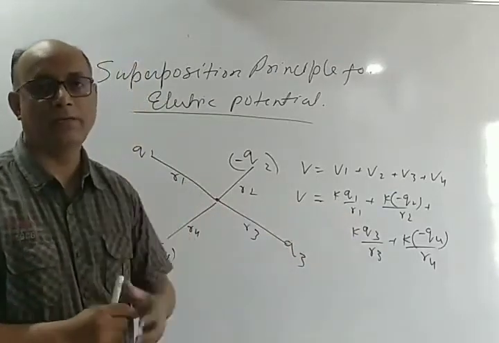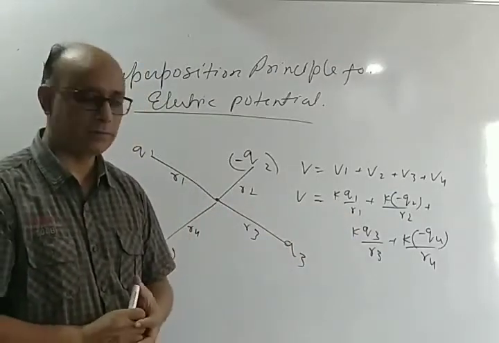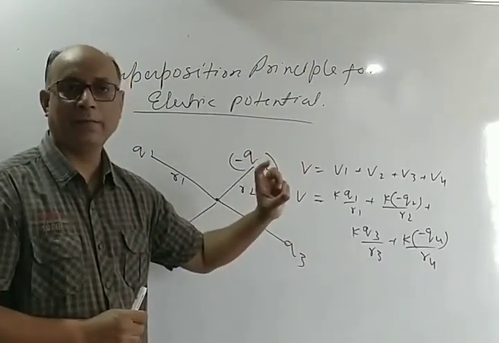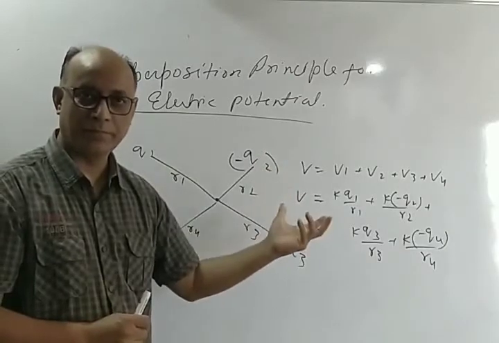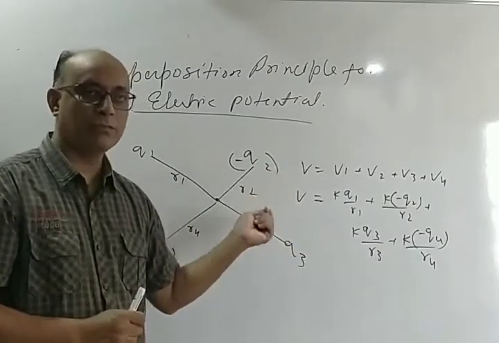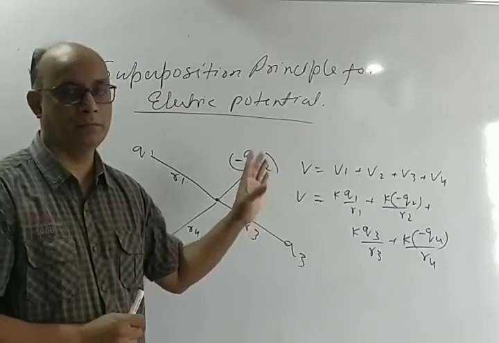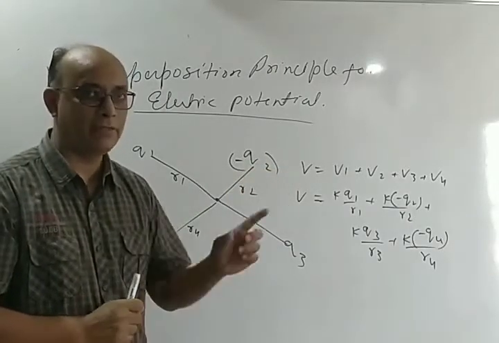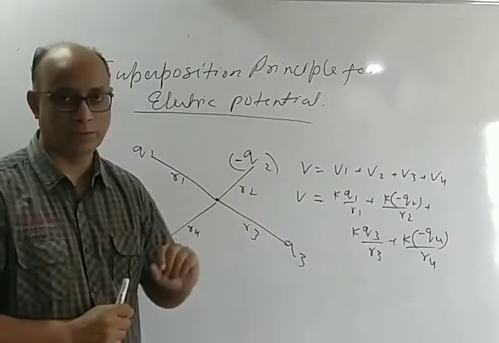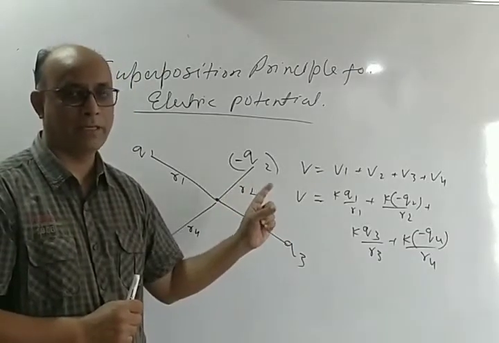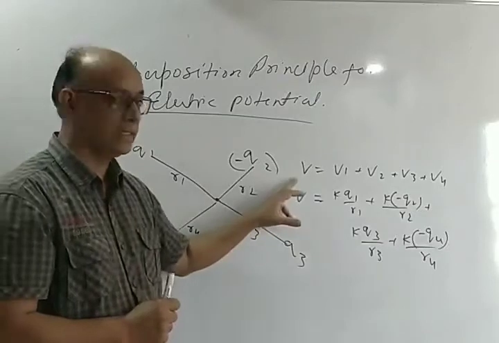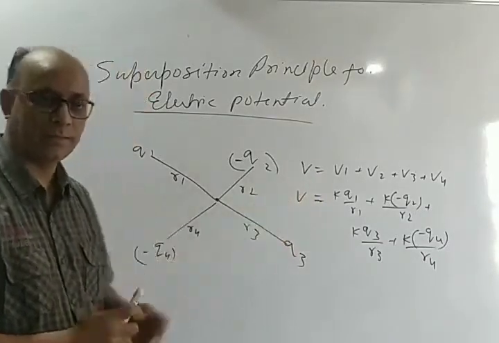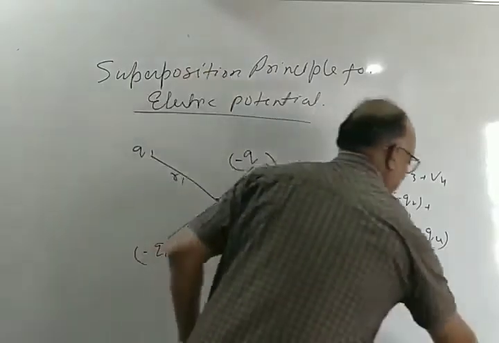In case of electric field and electrostatic force, while doing the calculations, charges are always taken by their magnitude, so always positive, and the direction of the force or field is denoted as per the given diagram or situation. So direction will tell you whether the charge is negative or positive, but the calculation will take only positive values. Here in electric potential, the calculation will take negative and positive values both. Is that clear?